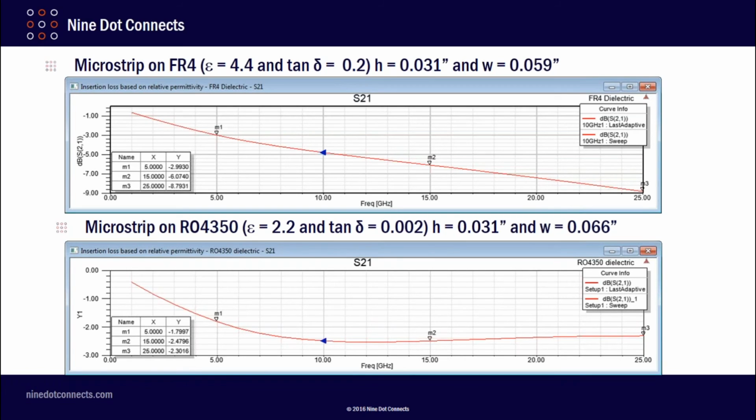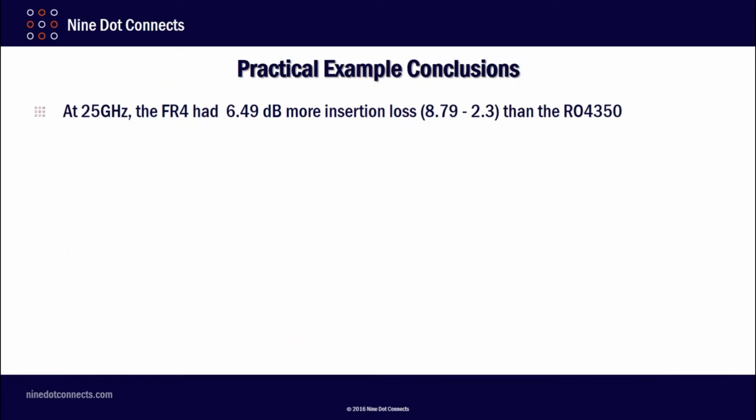For those of you who might remember, every 3 dB loss is half your power. So you're going to 25% of your power. That difference in loss equates to 6.49 dB.